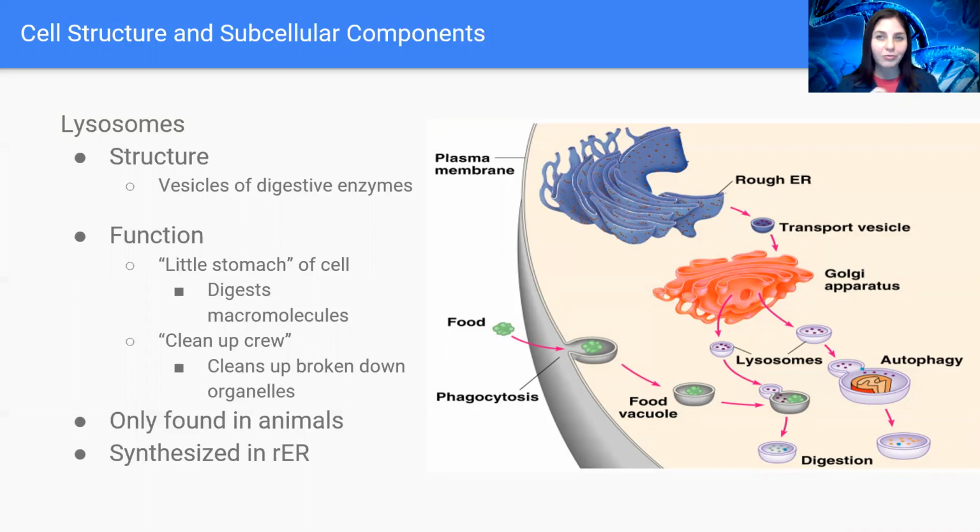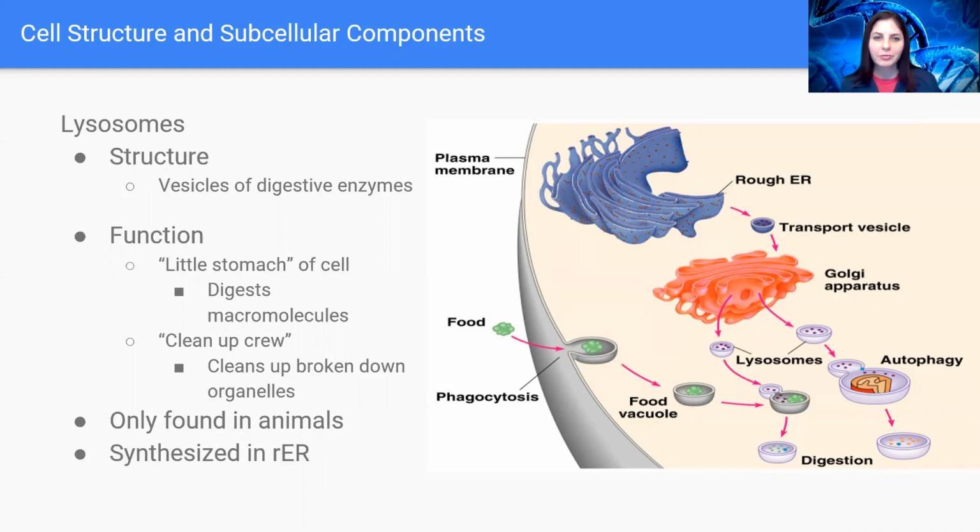Now, if you recall from biochemistry, enzymes in those vesicles will use the process of hydrolysis. So they'll use water to split larger macromolecules apart to either degrade them or to use them throughout the cell for nutrients. As far as the function, they serve as little stomachs of the cell. Again, they digest those macromolecules.